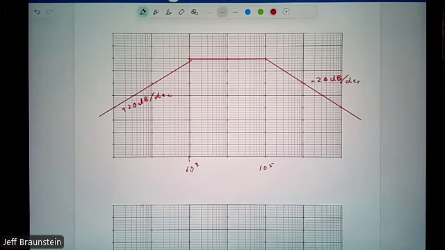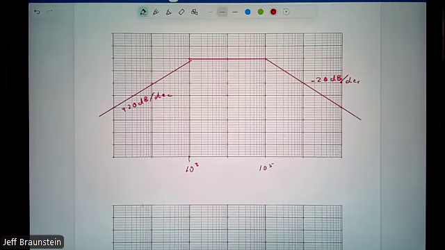So that said, when I look at this pole, I know there's a pole here, and I know there's a pole here. What order of pole does this have to be? First, second, third? It does have to be a first. Why?